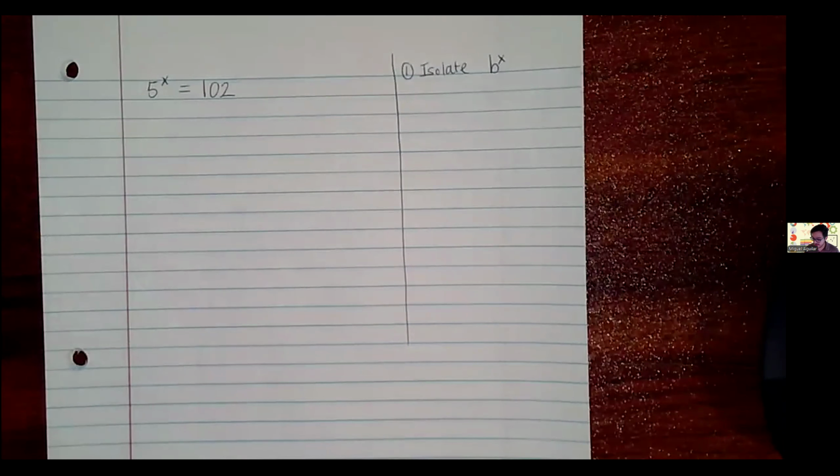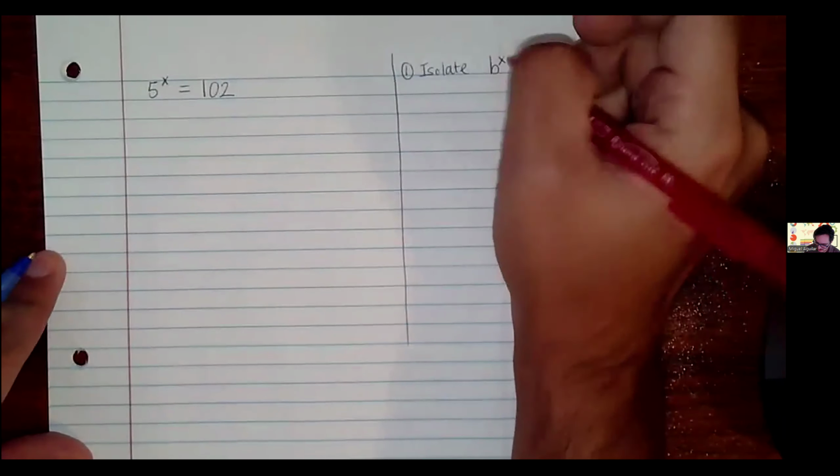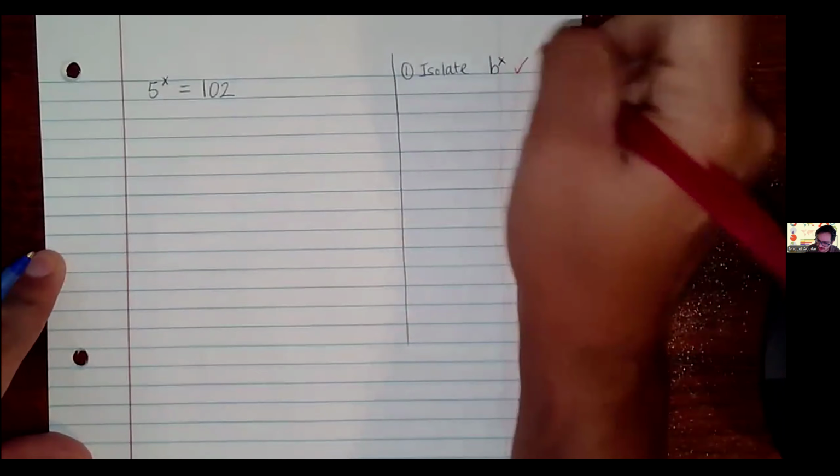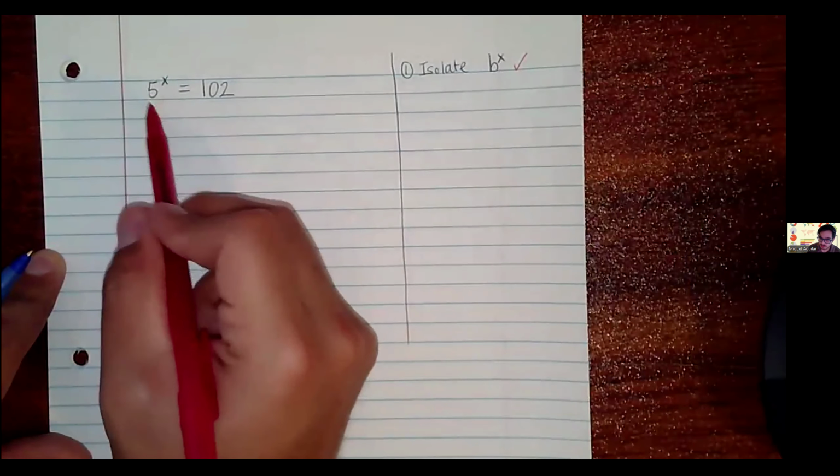Yes. Yes, okay. I was like, definitely not a rhetorical question. But yeah, if you were waiting just to make sure that other people had a chance to answer, make sure that that's clear to you that we have the 5 to the x power by itself.